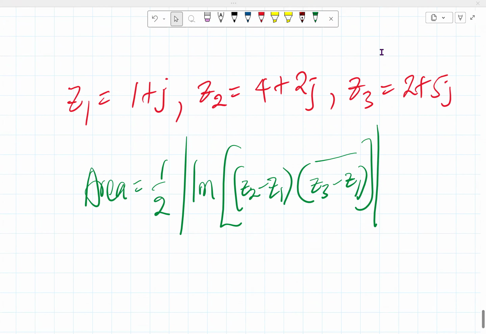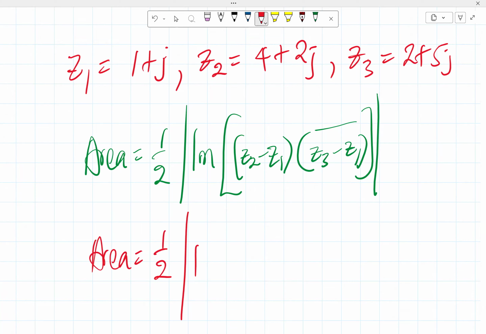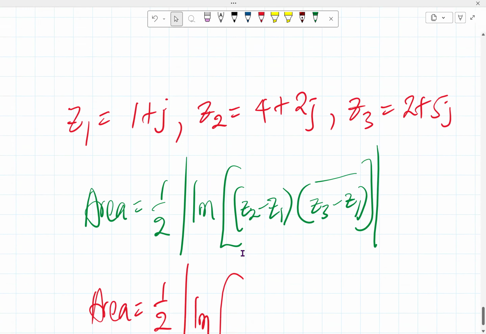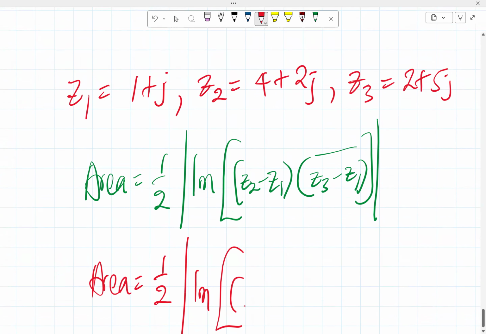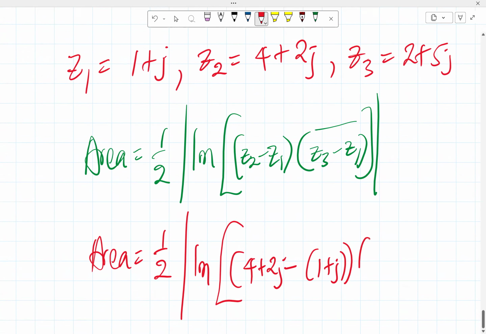So with this in place, the area will be half into the imaginary part of z2 minus z1, that's 4 plus 2j minus 1 plus j, into z3 minus z1, where z3 is 2 plus 5j and z1 is 1 plus j, the conjugate of that.